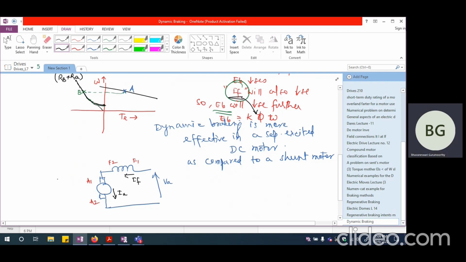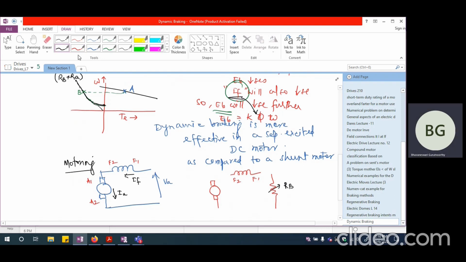So this is during motoring. When I want dynamic braking, I am going to again have my armature like this. And this is going to be the field, which is F1 and F2. Armature current will reverse if I connect a resistance at the terminals of the DC motor. So I'm going to connect a resistance here, and this is going to be a variable resistance RB.